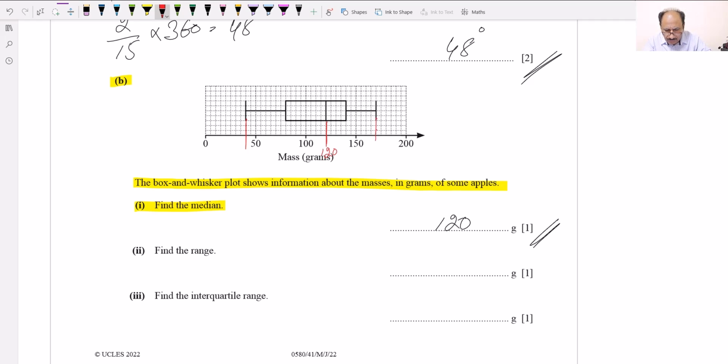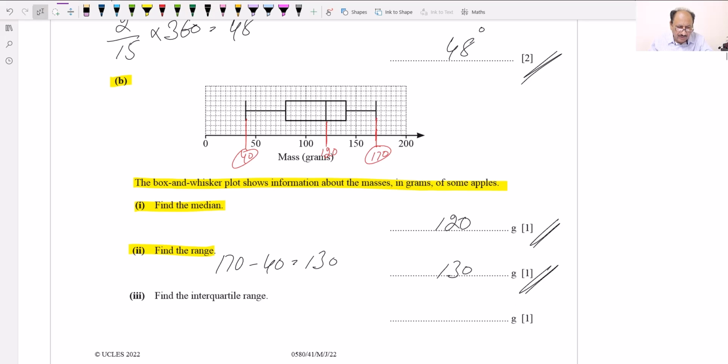In between these, this one is 40 and this is 170. So these two values we need to subtract. So for the range, this is 170 minus 40, which will be equal to 130. So 130 grams will be our range.